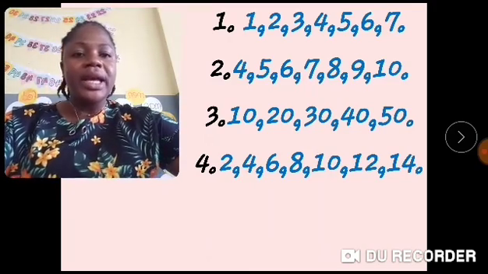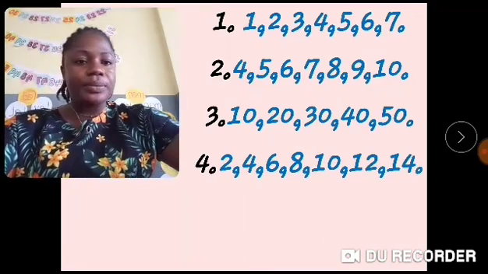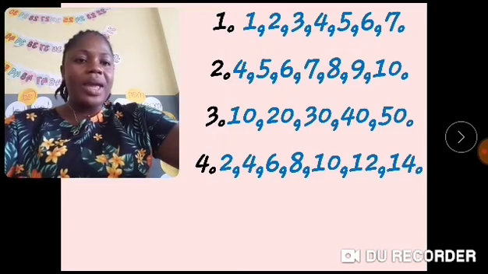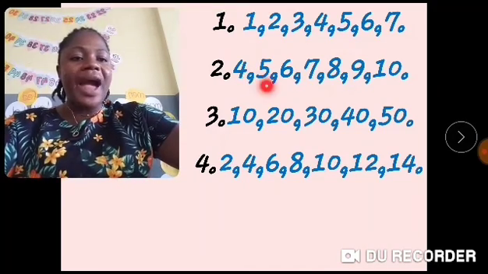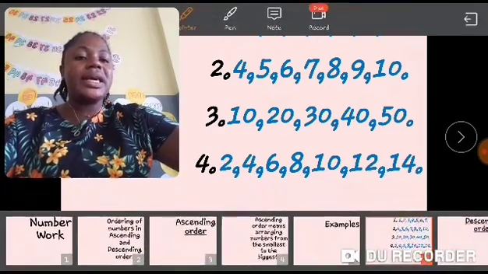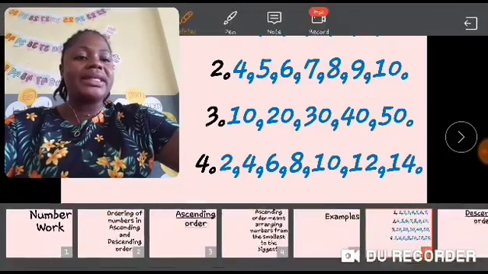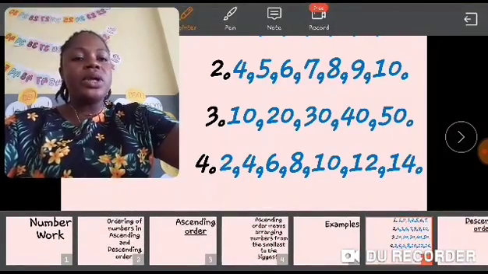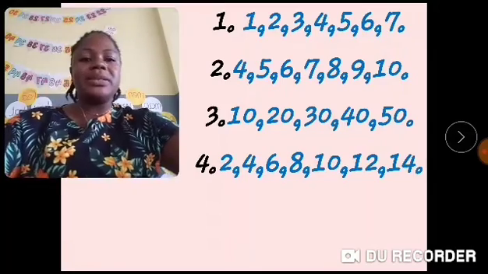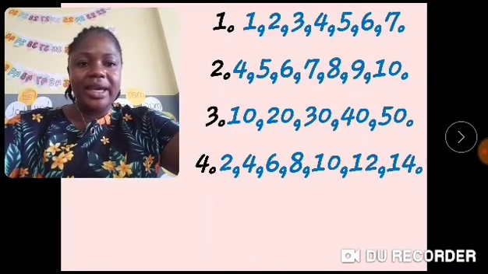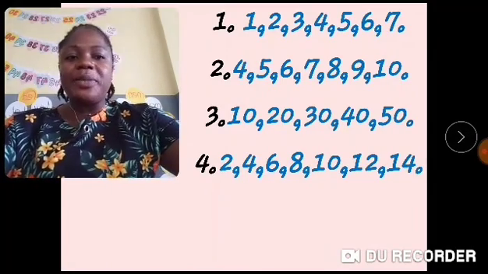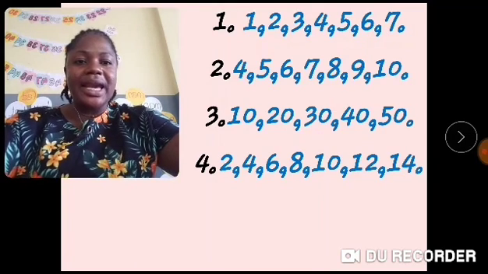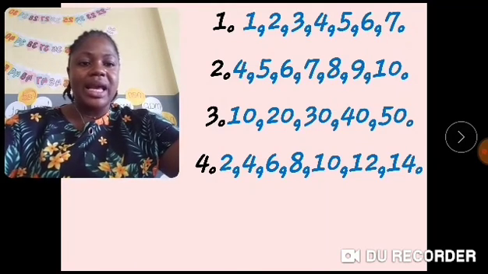Okay? Let's take another example. Number 2. We have 4, 5, 6, 7, 8, 9, 10. What is the smallest number here? 4 is the smallest number. And then 10 is our highest number.